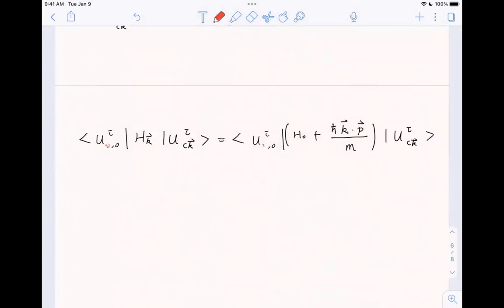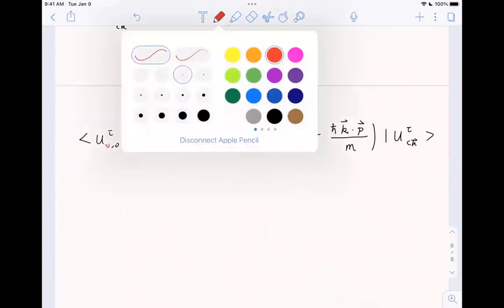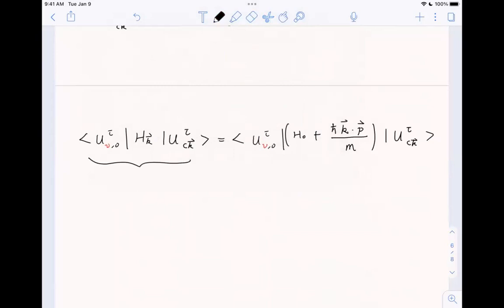Very quickly, this becomes E, this will become EC, still EC, and then you move the EC k outside.